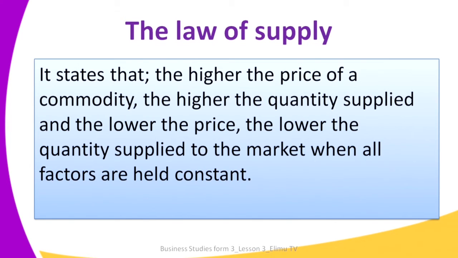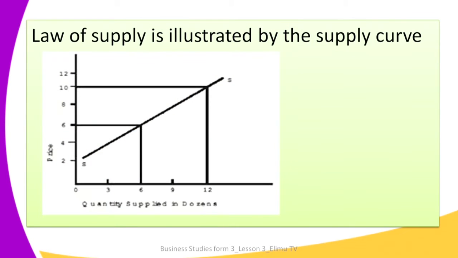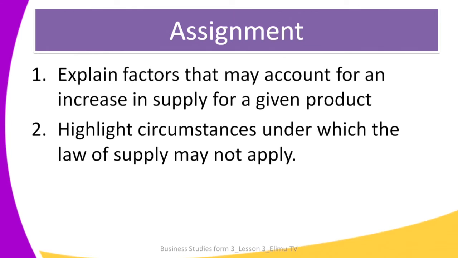So suppliers supply more when the prices are high. They supply less when the prices are low. So the law of supply can be illustrated by the supply curve, as you can see. As price increases, quantity supplied also increases. As price decreases, quantity supplied also decreases.